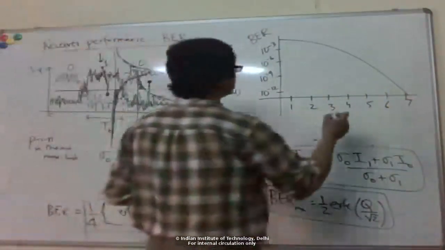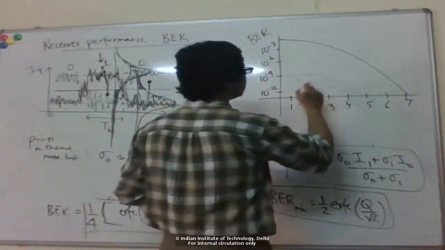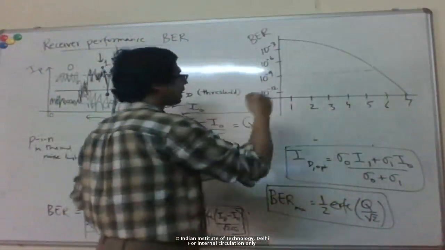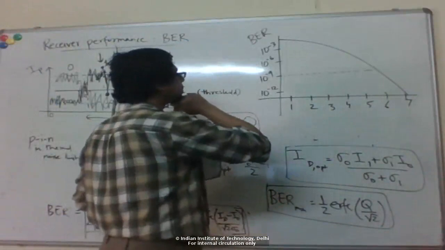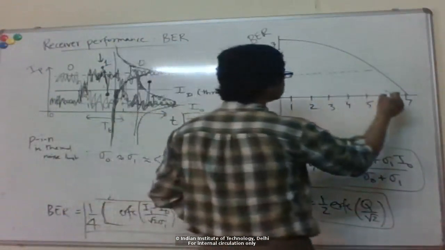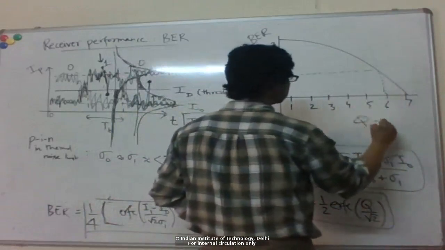Okay, so if you look at 10 to the minus 9 BER, which is sort of a standard figure of merit that people keep for these fiber links, that corresponds to roughly Q of about 6.